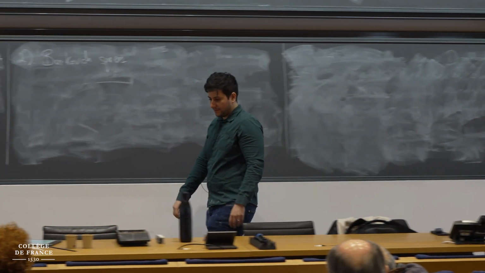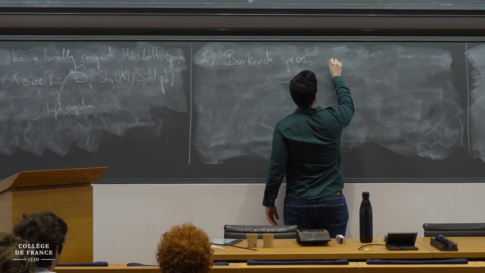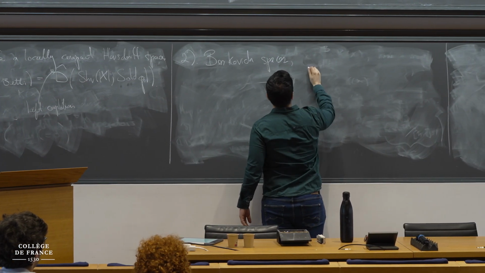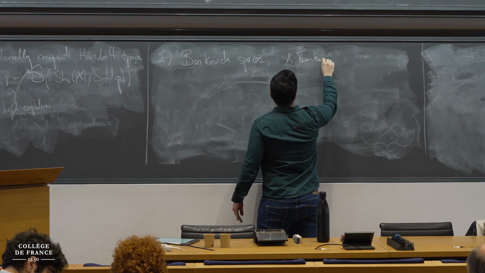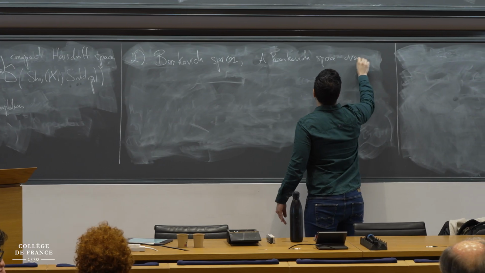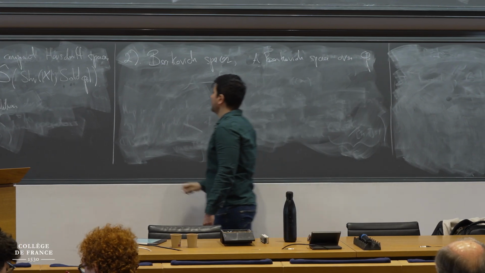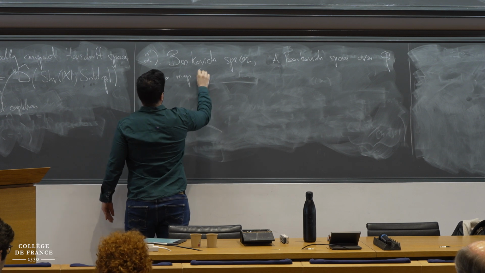And you can think of this as the following data. So a Berkovich space over QP is a map of Gelfand stacks.